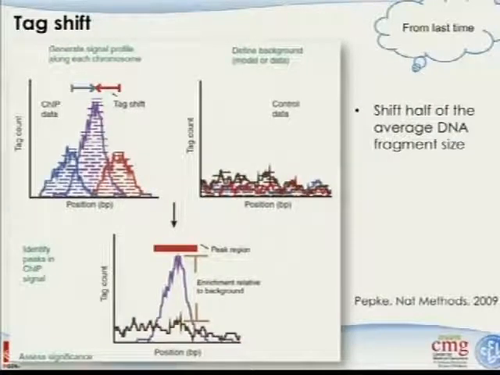When we identify the peaks, there are generally two different strategies. The first strategy is called the tag shifting strategy. The principle is very simple. You take all the positive peaks and negative peaks, and shift them towards the inward side by half of the estimated average DNA fragment size.